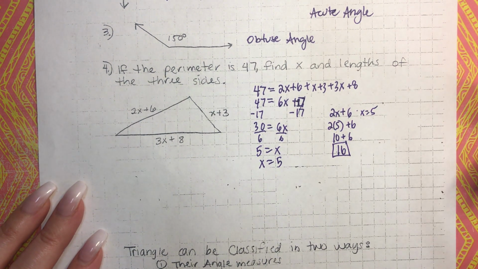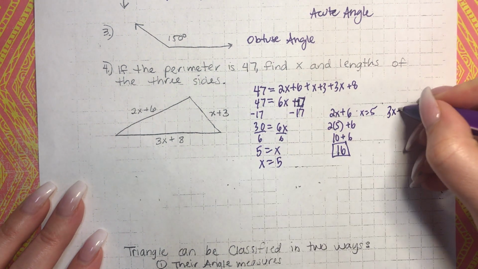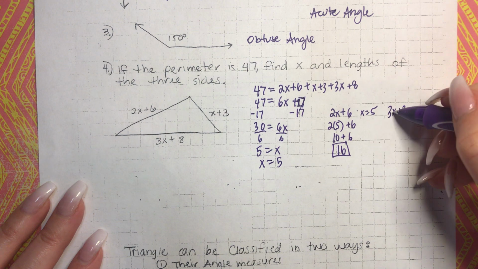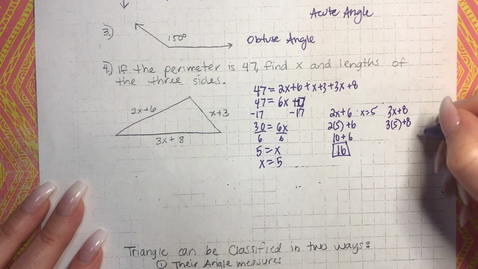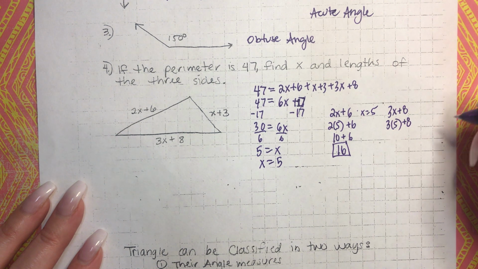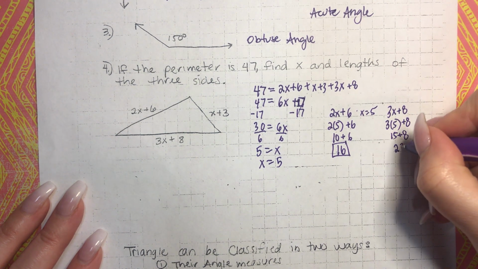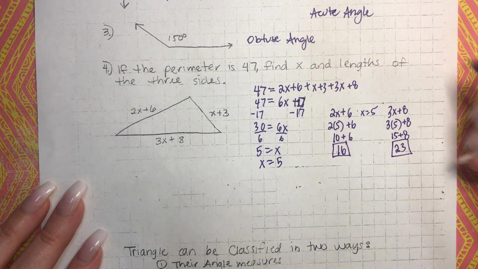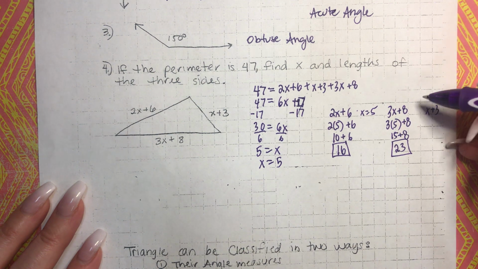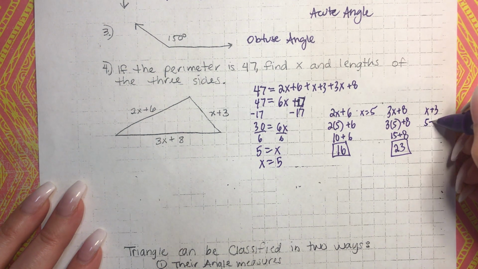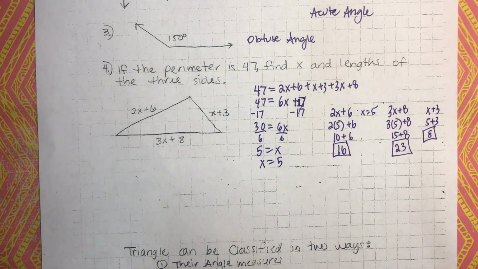And the other side, I'll do 3x plus 8, and x is 5. That's 3 times 5 is 15, plus 8 is 23. And then lastly, x plus 3 is that final side when x is 5. So the last side is 8. So those are our 3 sides.